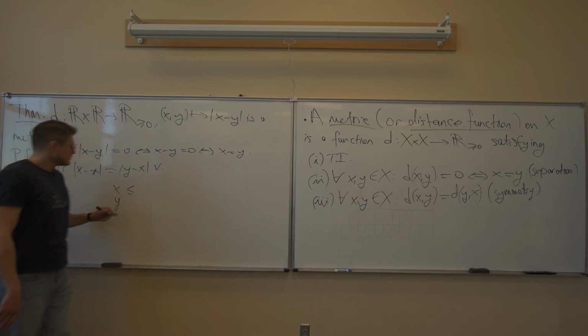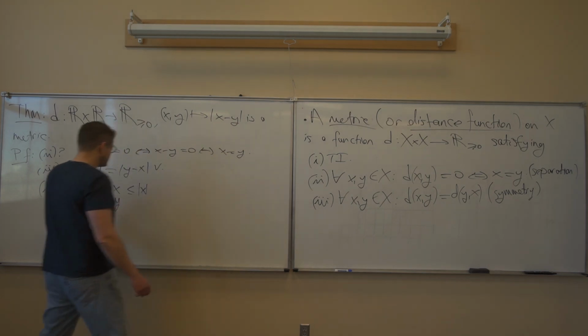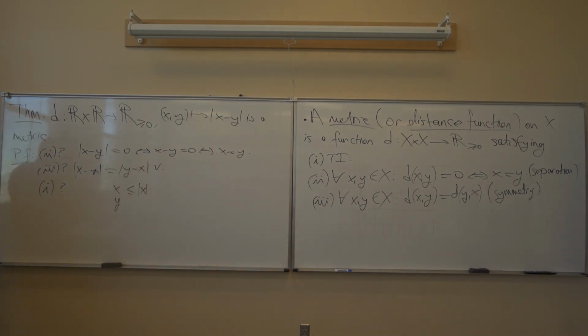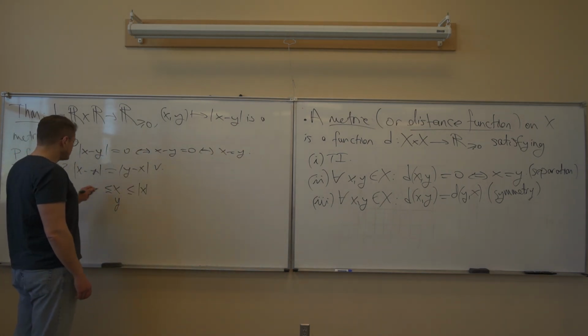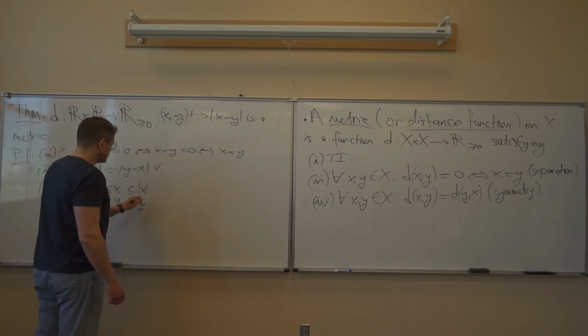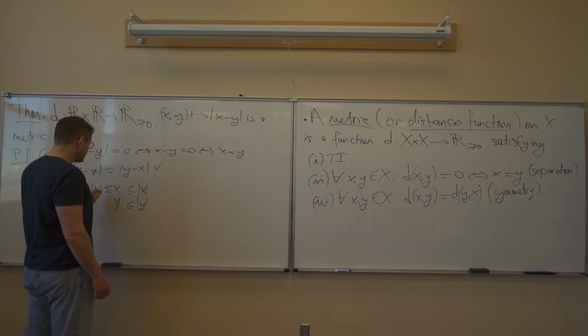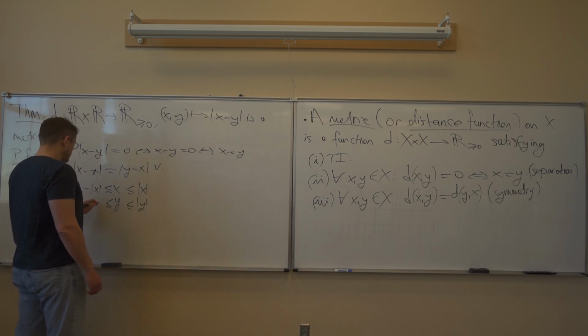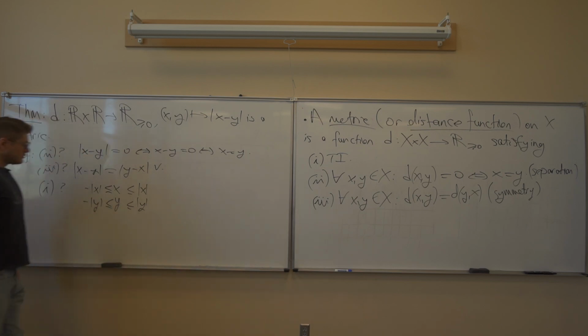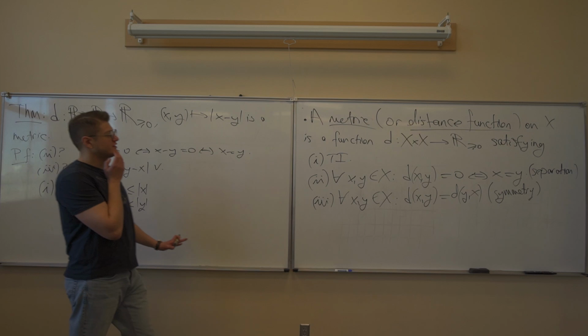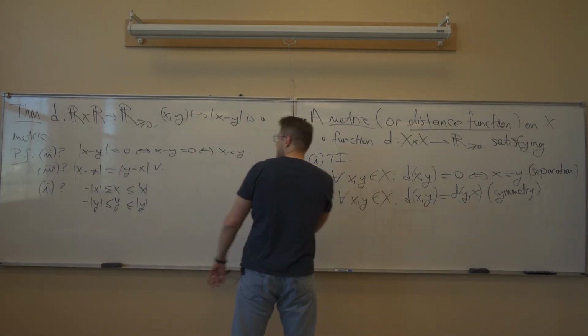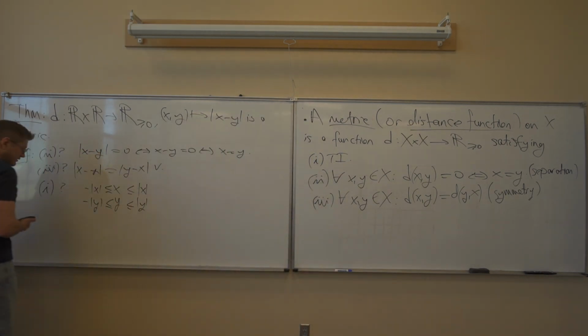It's the other side. And likewise, minus the absolute value bounds x from below, and the same thing holds for y. This is going to give me something that is equivalent to the triangular inequality in this case, but not exactly the version that I want, so maybe I should be more careful.